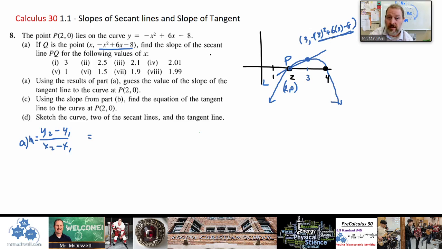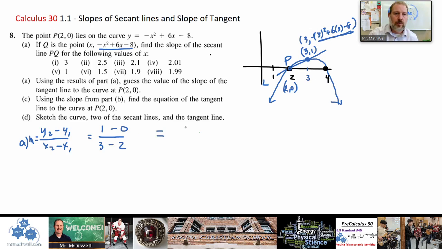So that should be about a 1, right? So we've got y2 is 1. So this is the point (3, 1). You see that? All right, hopefully. Guys, check my work here while we're doing this. But we've got y2 is 1 minus y1 is 0 over 3 minus 2.